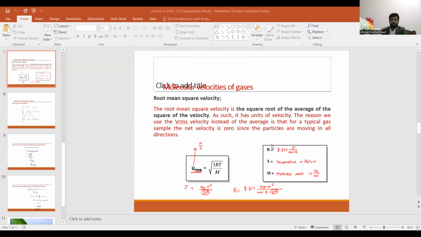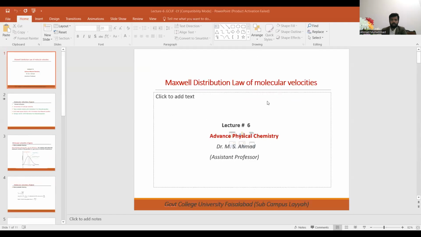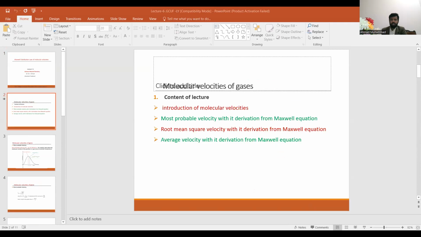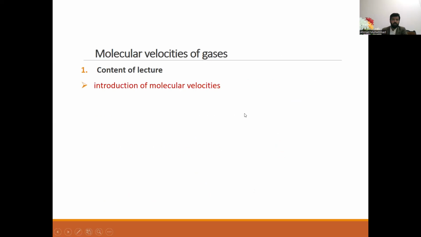Hello everyone. Today we will discuss another important topic, which is most probable velocity, root mean square velocity, and average velocity. In this content, we have four parts. First, we will introduce the molecular velocity.